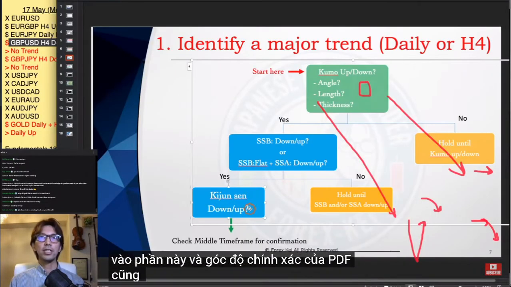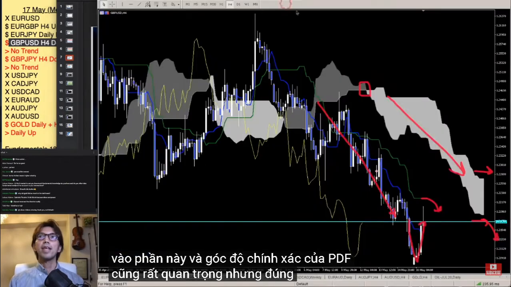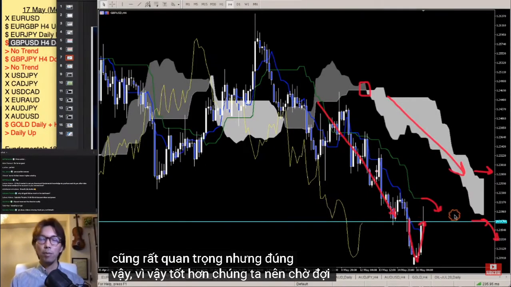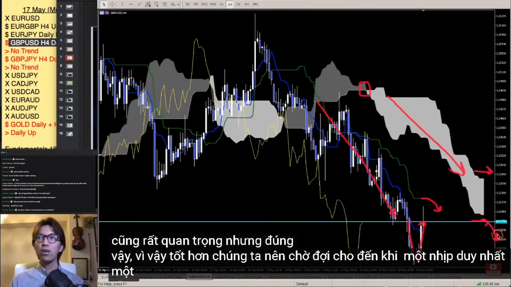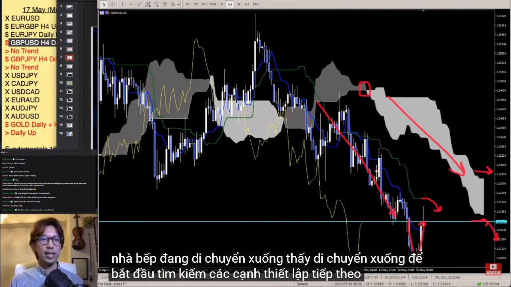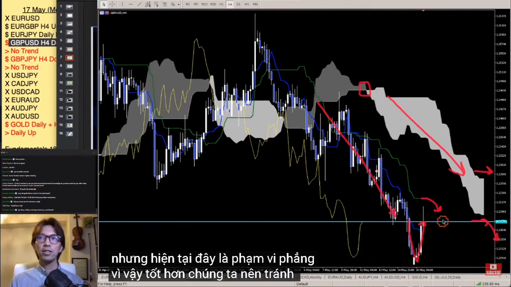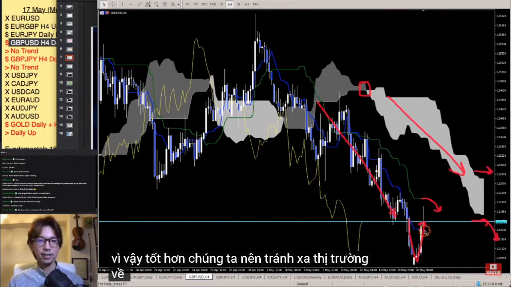So we better wait until Senko Span A and Kijun Sen are moving down to start looking for the next trading edges. But right now, this is a flat range, so we better stay away from the market, basically.